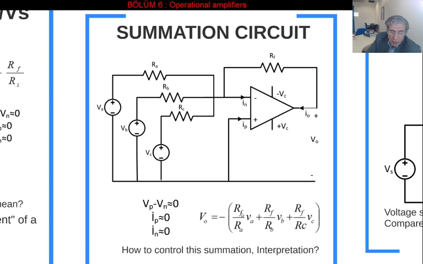Example: RF is 100, and you would like to put 2 in front of VA, so you choose RA as 50. 100 over 50 gives you 2, so you made a coefficient 2 for VA.